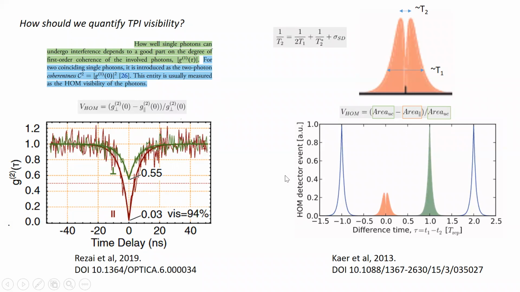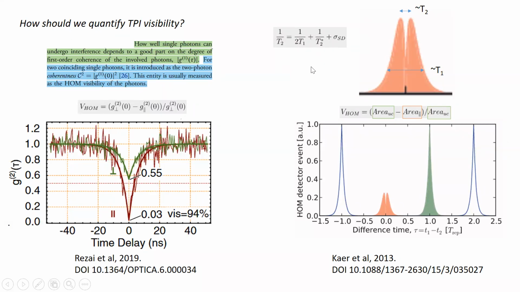In the pulse regime, there's a few ways that I've seen visibility quantified. One way is to do the same thing: you just consider the value at 0. But it kind of misses out on this interesting aspect of the pulse regime, where we see the decay of the pulse is, in a sense, based on the excited state lifetime of the emitter. And the dip that you get for zero delay is related to the coherence time.